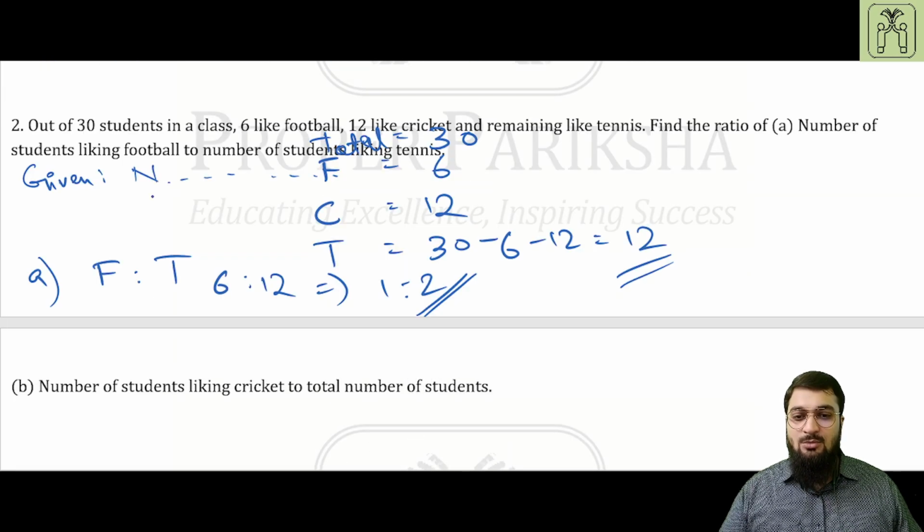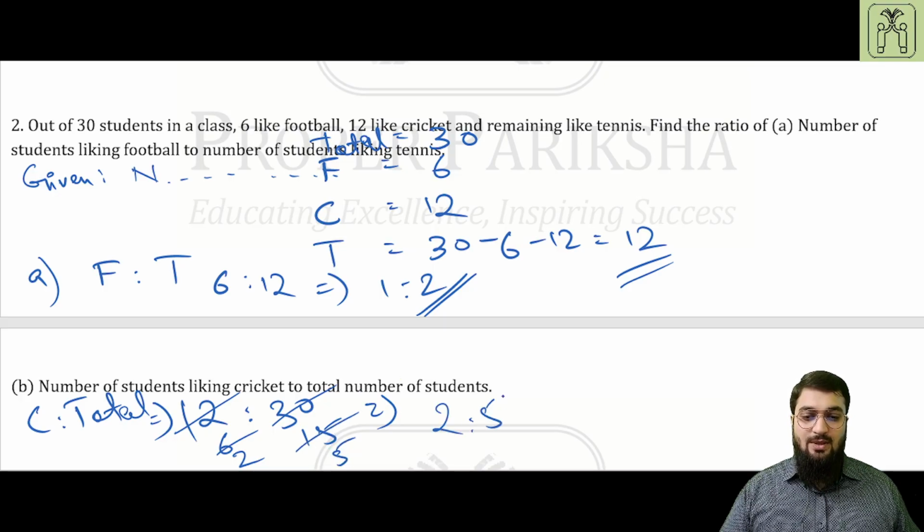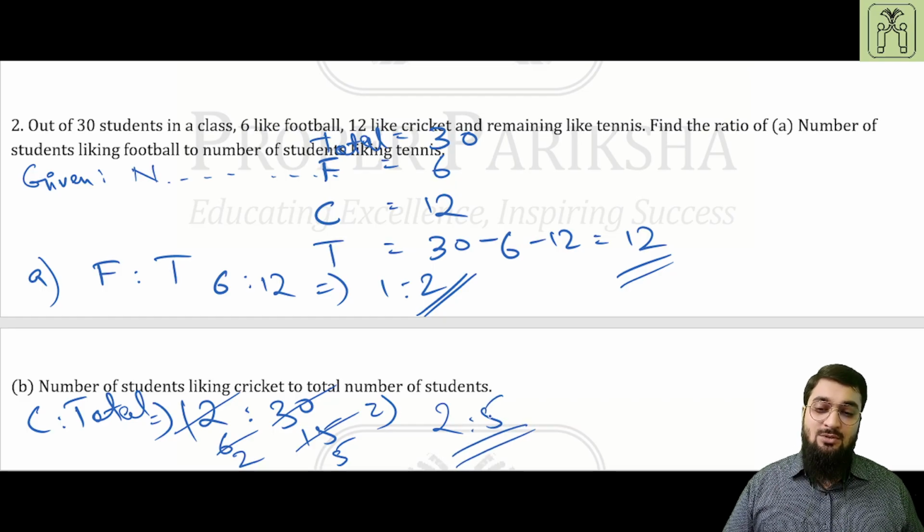So we know the number of students liking cricket, and that is 12, and this is total, and the answer will be cricket is to total, and that is 12 is to 30. 4 will not go, 2 will go, so we will have 6 is to 15, and 3 will go 2 times, and 3 will go 5 times. Therefore it will be 2 is to 5.